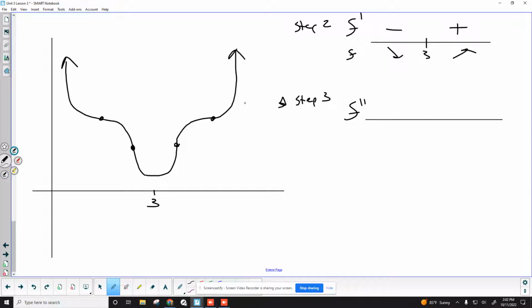And let's pretend f double prime had zeros at 1, 2, 4, and 5. Let's pretend that we found that f double prime signs were positive, negative, positive, negative, positive, with zeros in between.